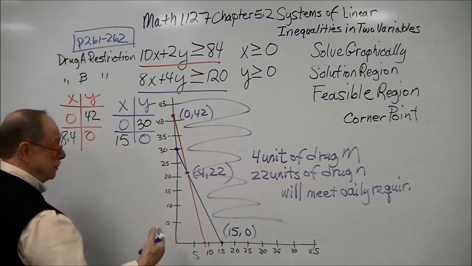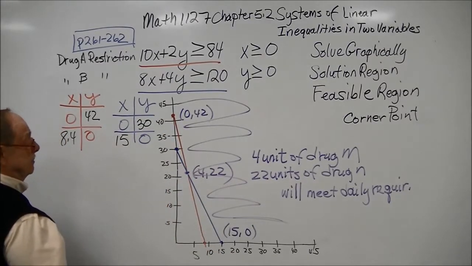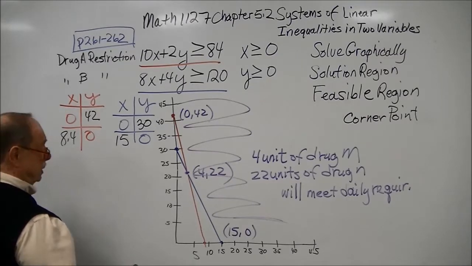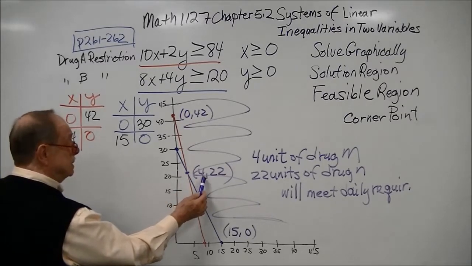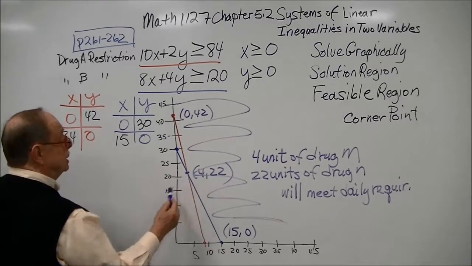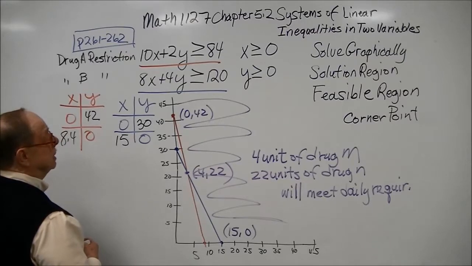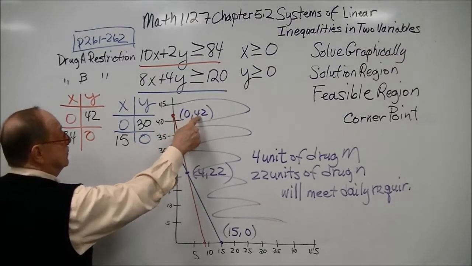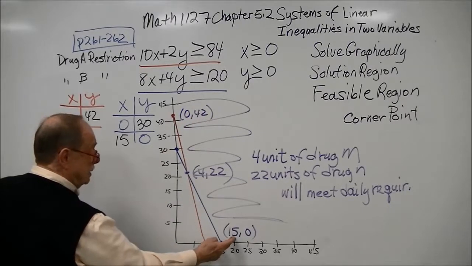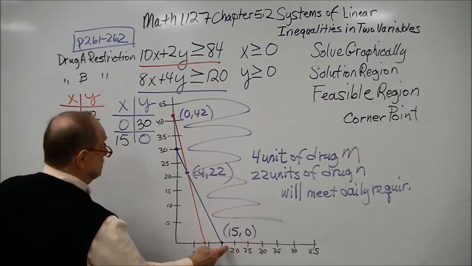And when I drew the graphs carefully with the ruler, I saw they intersected right here. So this is a corner point. The other corner point is this one, 0, 42, and 15, 0.